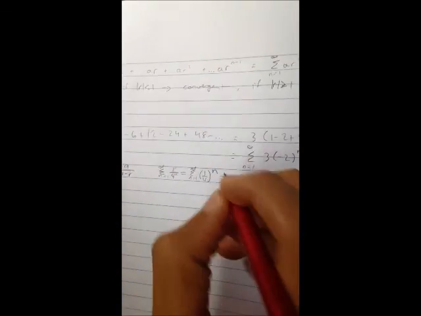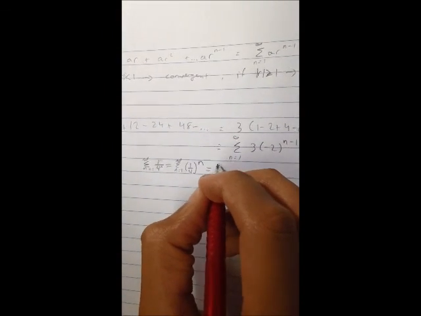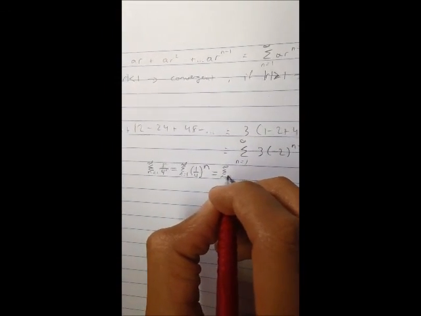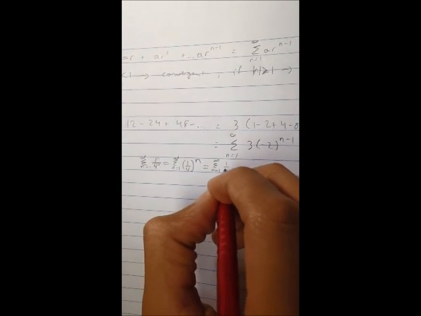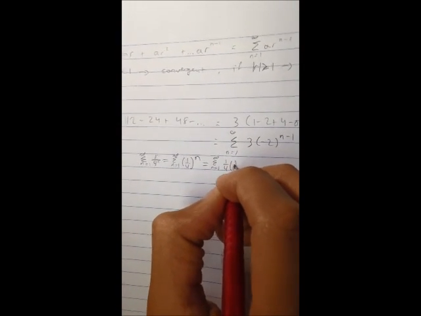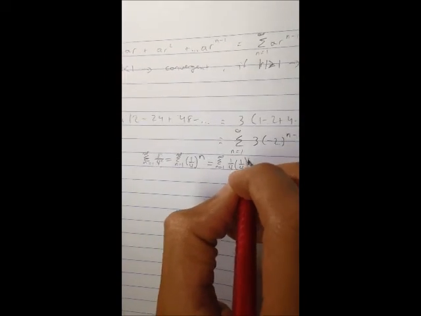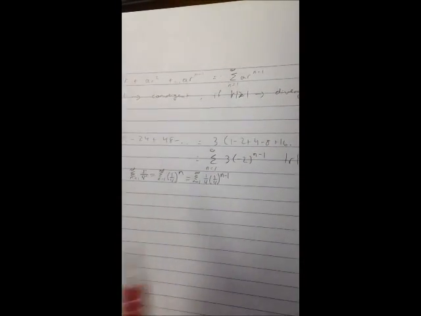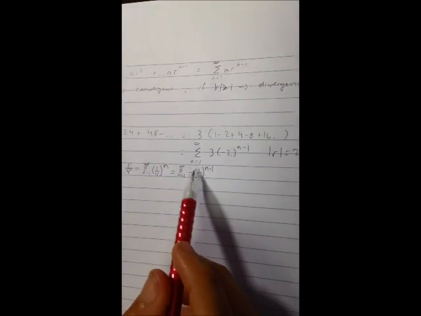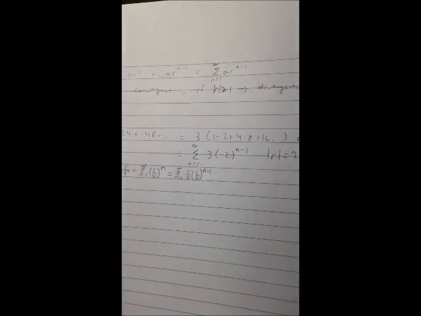In order to get that, we'll take out a 1/4 from this to get this. And this follows more the basic shape of what the geometric series should look like, with the a, the r, and then the n minus 1 power.